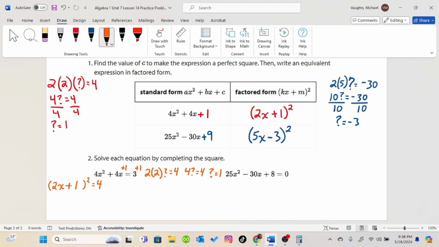So now I would take the square root of both sides. So I either have 2x plus 1 equals positive 2, we would subtract 1 from both sides and have 2x equals 1, and then divide both sides by 2 and get my first answer, x equals 1/2.